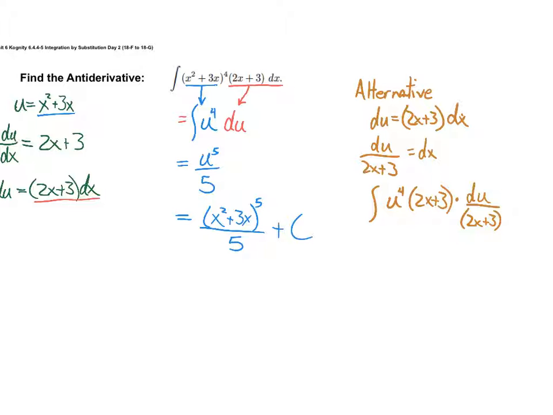They cancel out. I had never seen anyone do this until recently, and I was like, oh, that might be really helpful. That cancels out, and notice now we just have the integral of u to the 4th du. So it's another way of getting to this step up here. If it makes a little more sense to you, that might be worth doing that way.